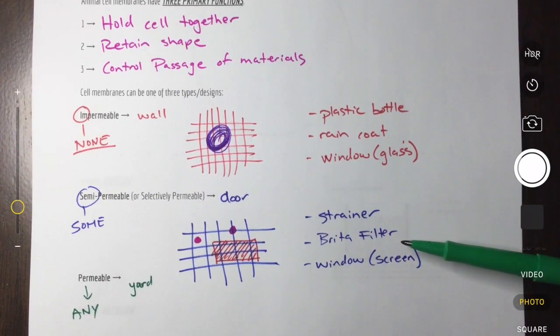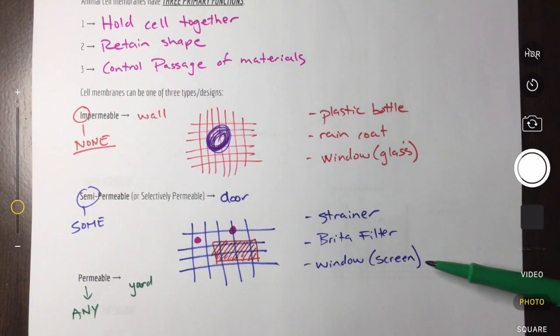The water is allowed to pass through, but the filter is going to catch all the little impurities that you don't want to drink. And lastly, if you think of a window again, but this time you think of the screen. Obviously the screen will allow things like the wind to come through on a nice, warm, breezy day, but it will keep out things like flies, bugs, and leaves. So that would be an example of some impermeable and semi-permeable real-life examples.